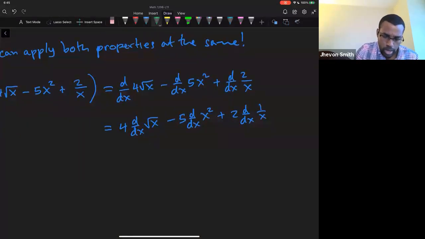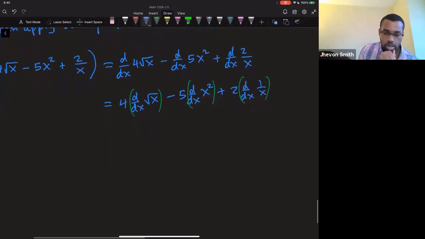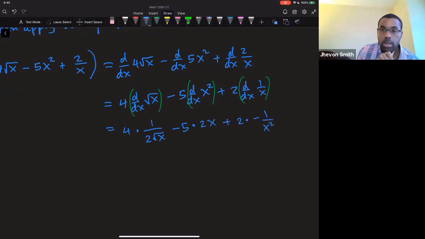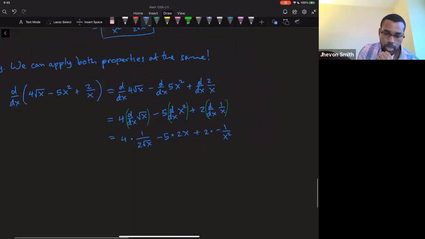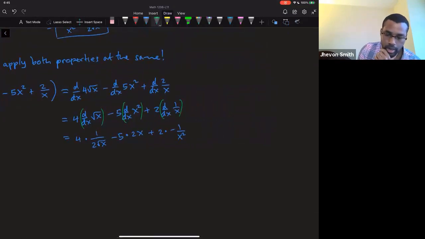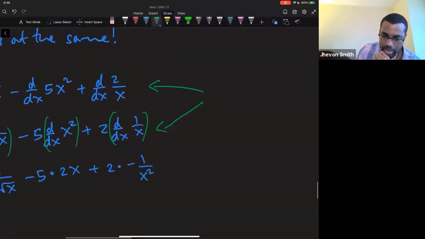And now individually, we know what each of these guys are, because I literally proved them for you the long way. So we can actually just find the derivatives of those guys. Okay. So again, I would say these 2 lines here, you don't need to show it. I'm doing it here for emphasis to show you that I'm applying the properties.